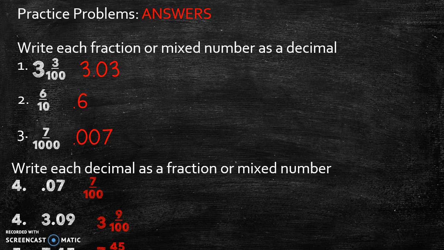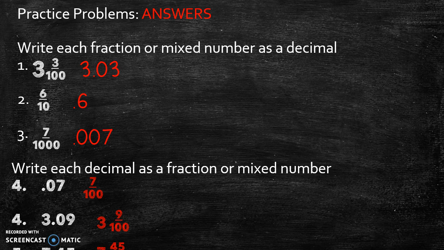So number 2, 6/10ths. Oh, that one's easy. 0.6. Number 3, 7/1000ths. 0.007. Why do we have 2 zeros there? Because we put the 7 in the thousandths column, but there isn't anything in the tenths or hundredths column.